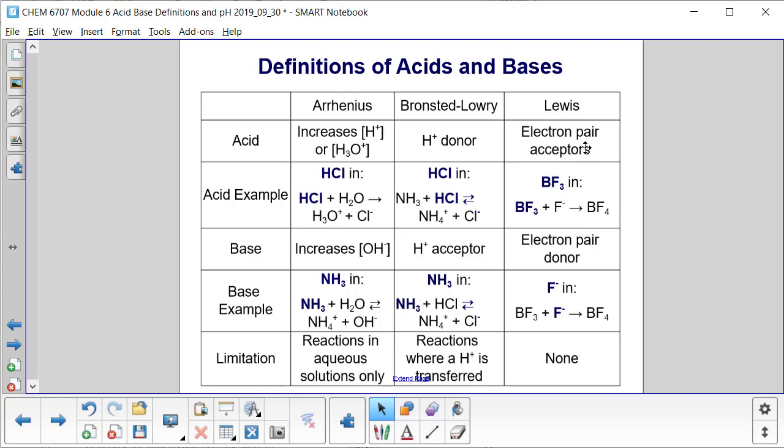So here BF3 has only 3 bonds. Here BF4- has 4 bonds, which means additional electrons. So it's acting as an acid in that it's accepting a pair of electrons. The donor is the base, and in the same reaction that would be the fluoride ion, where it's donating electrons to that boron in the creation of that 4th bond. And there's no limitation here to the Lewis definition of acids and bases.